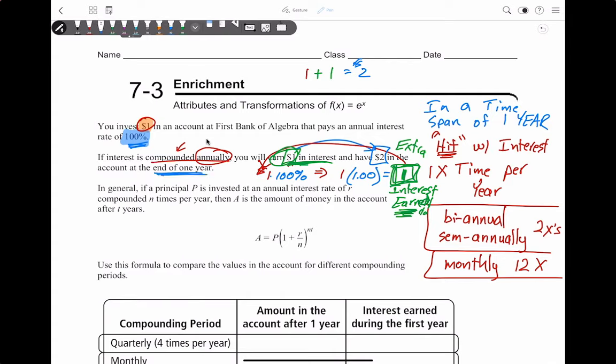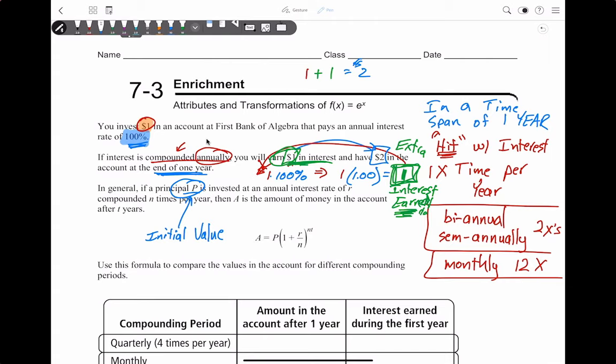Okay, so in general, if a principal P is invested, so P, remember from previous videos, this is where you start. This is your initial value. It almost feels like a y-intercept with lines, if you will. The y equals mx plus b. We would always tell you that b is the starting value or where you start.